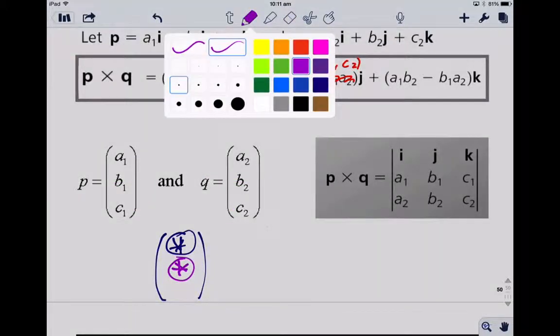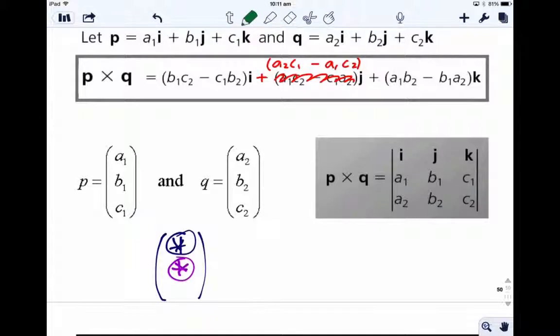Let's change colors here to green. To get the third number in my vector product, I'm going to cross out the bottom row, and I'm going to go back to the original way we did it. This times this minus this times this. So a1 b2 minus a2 b1. Alright, that's it, and that gives us this number right here, and we have the vector that is perpendicular to these other two vectors.